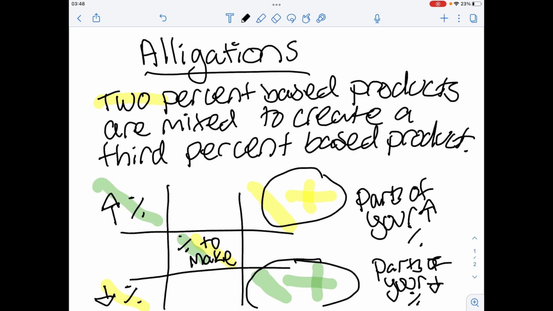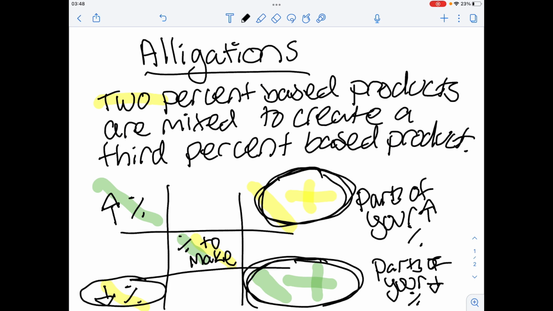And I know that's a little bit confusing because in order to get this, you're starting with your lower percent. And in order to get this, you're starting with your higher percent. But you can just remember that anything on the top of the tic-tac-toe board is your higher, and anything on the bottom of your tic-tac-toe board is your lower.